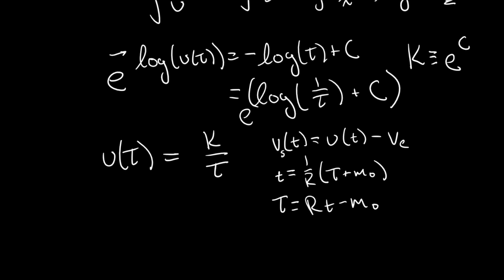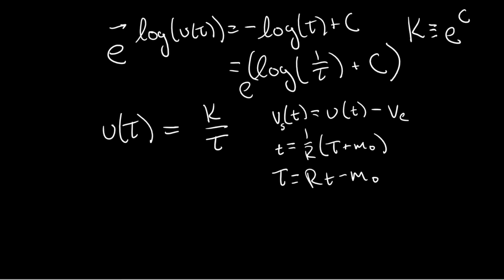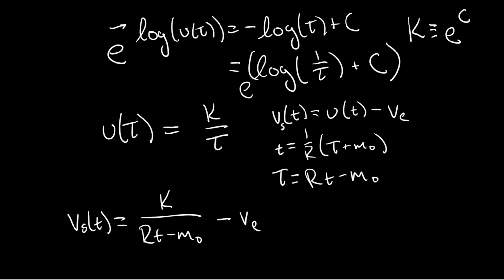I feel like I'm off by a factor. Oh no, I think I'm good. Okay, so in this case, I have Vs of t is equal to my constant k over RT minus m naught minus VE.